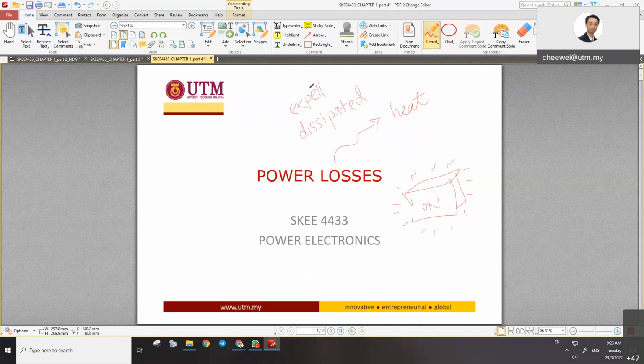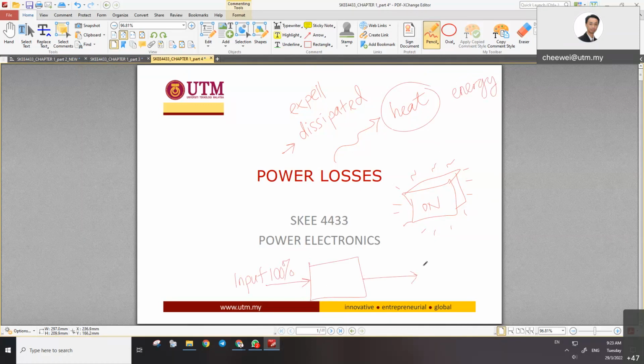Disappeared into the environment. Okay, dissipated is the term that we normally use. Heat is a form of energy. So the energy that you supply in, let me draw the box, is operation. So energy input, 100%.